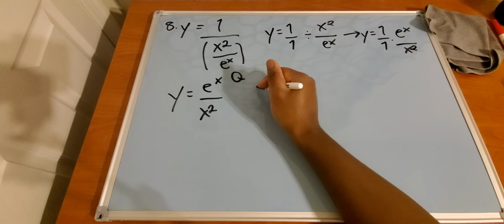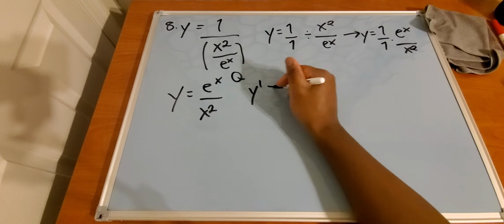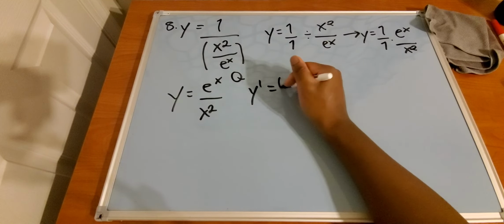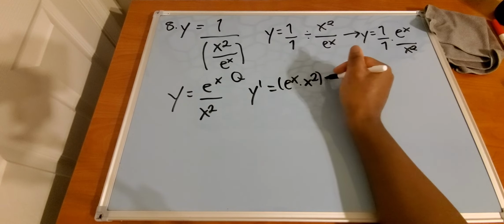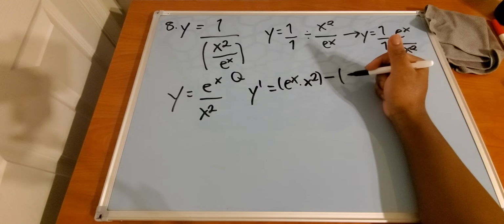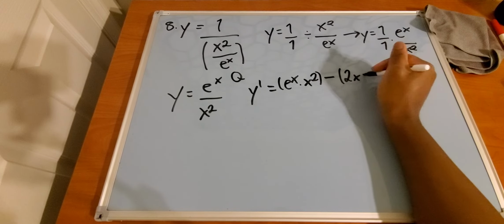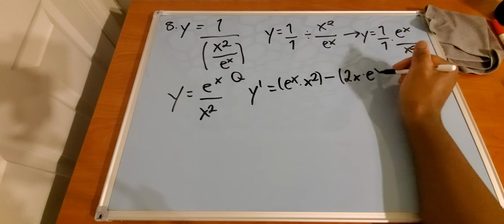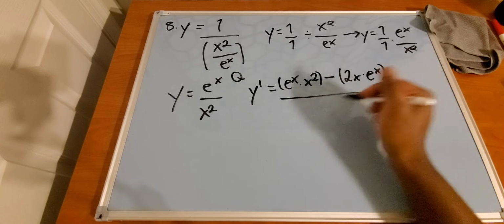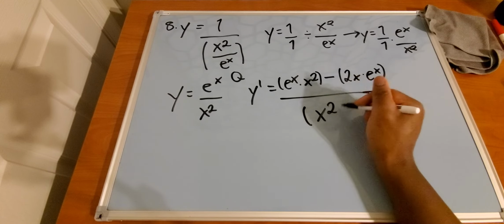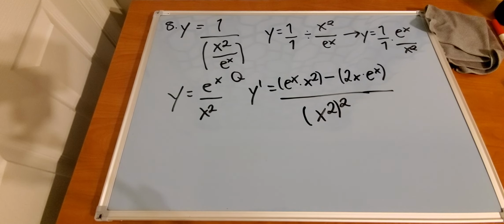So in order to do that, the derivative of the first function is the derivative of the numerator, e to the x, times the denominator, x squared, minus the derivative of the denominator, 2x, times the numerator, e to the x, all over the denominator squared, which is x squared squared, which will be x to the fourth.